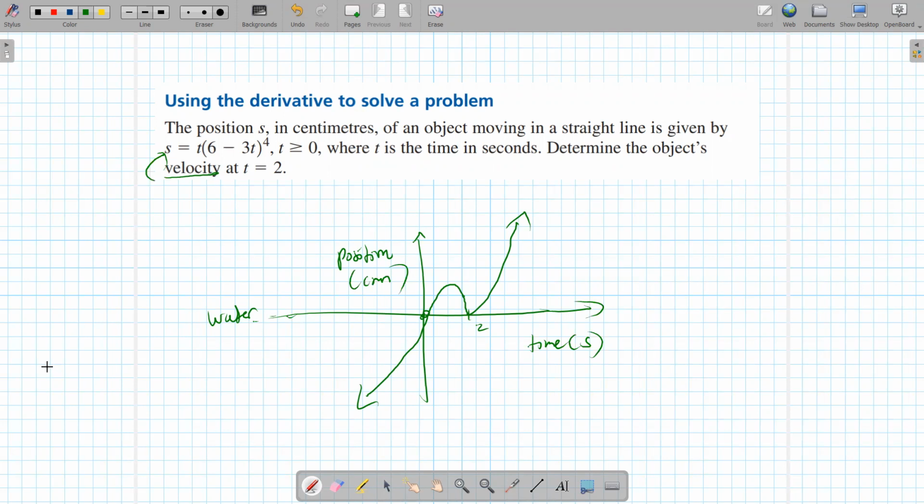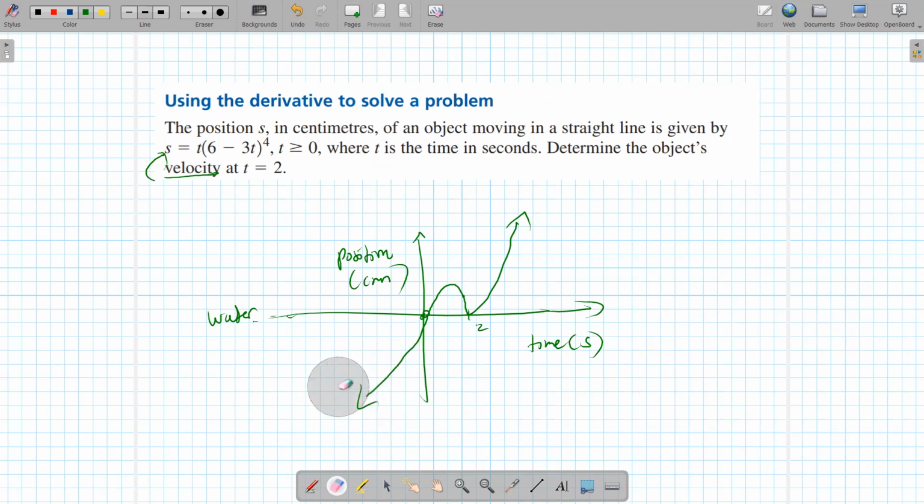Speed is the rate of change of position. If you think about it, speed is kilometers per hour. Rate of change means rise over run, right? Slope. We have kilometers on the y rising. We have time, hours, on the x, on the run. So velocity is simply the slope of the position function. In other words, more importantly, it's the derivative.